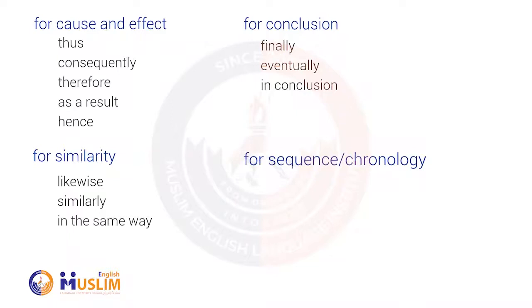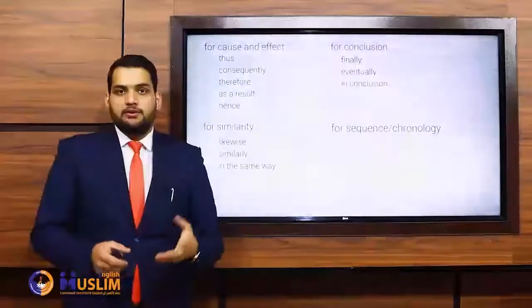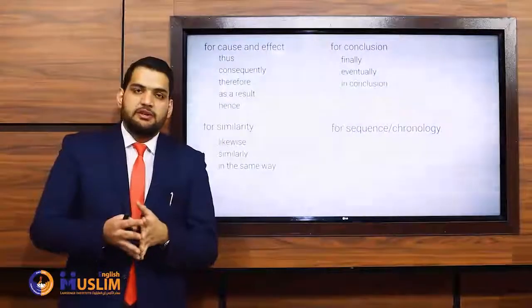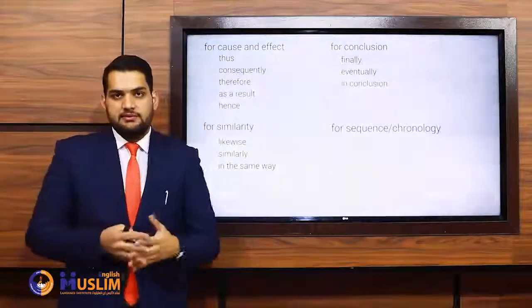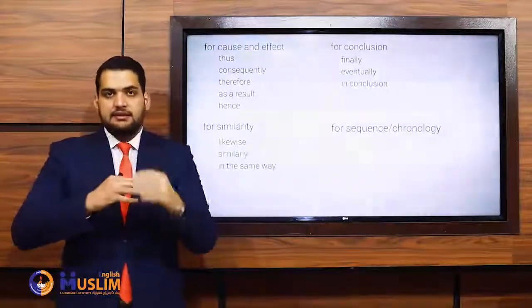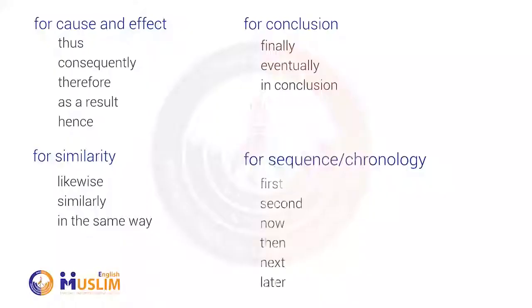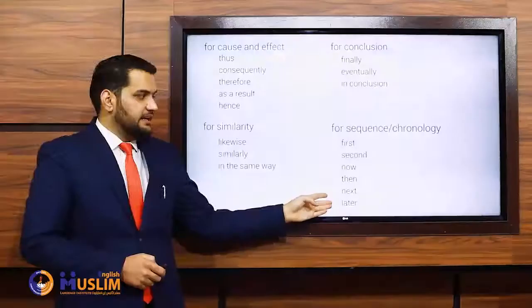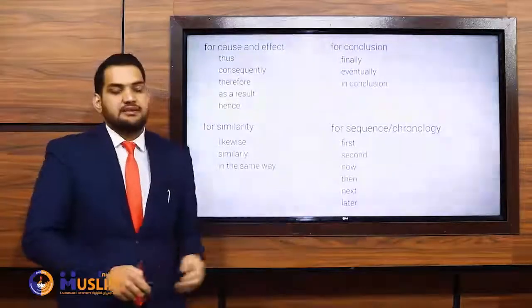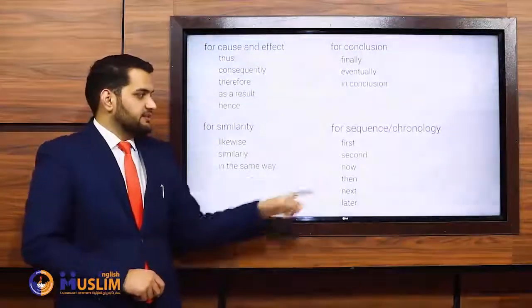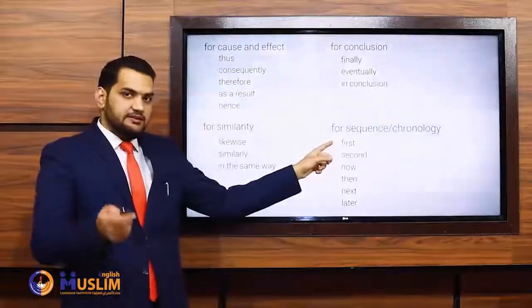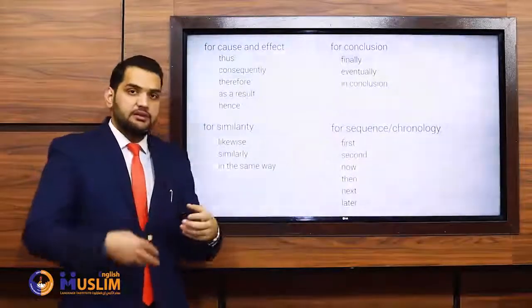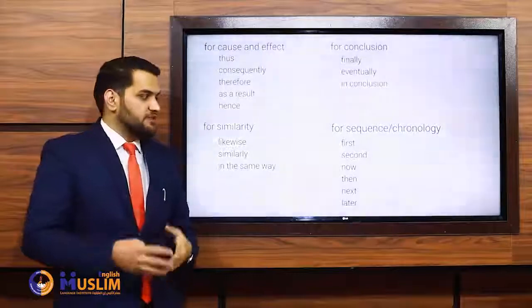And for sequence or chronology, in simple words, whenever you want to number ideas, first idea, second idea, third idea. For such stuff, we can use transitions for sequence or chronology: first, second, now, then, next, later. Every one of them has a different meaning. This is a complete list, like you can say first, second, third, fourth, fifth, and so on.